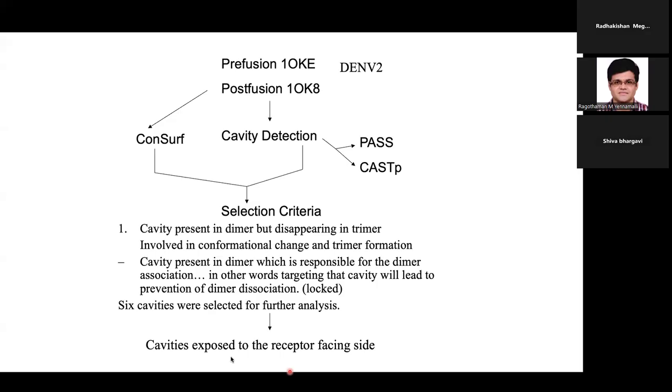Then at the same time, we did the comparison between the two structures by superposing them. And also we used two different binding site or cavity identification algorithms. There is one called PASS, the other one is called CASP.